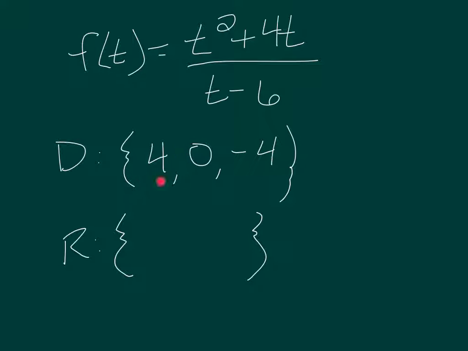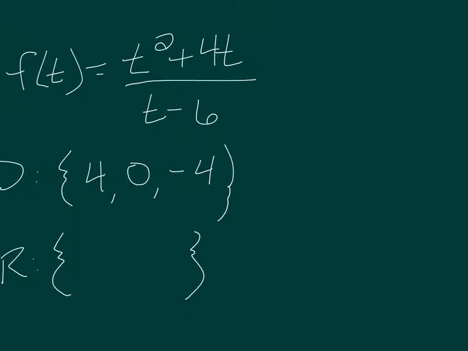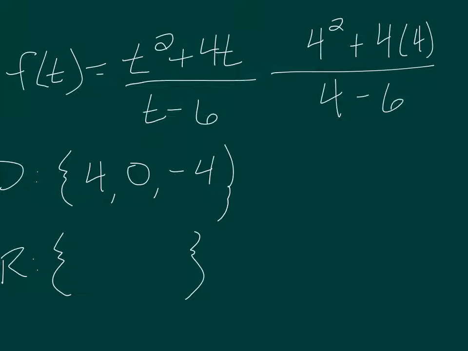First, we'll take the 4 and plug it into our equation here. So 4 squared plus 4 times 4, divided by 4 minus 6. On the top here, I'm going to have 16 and 16, which will give me 32.